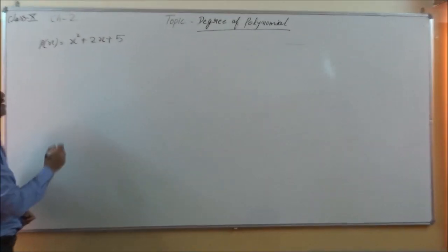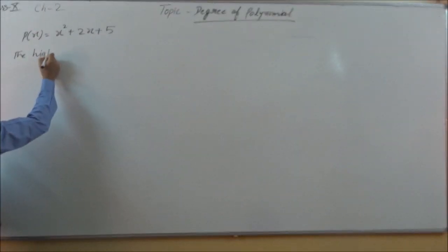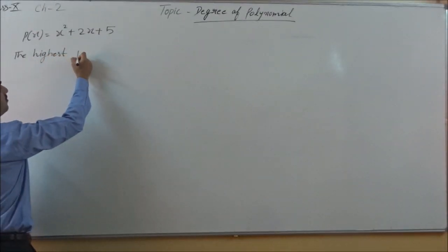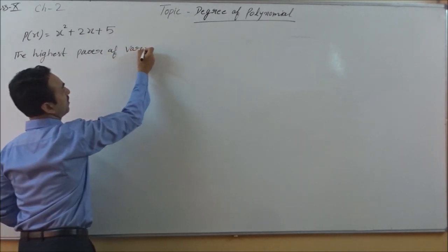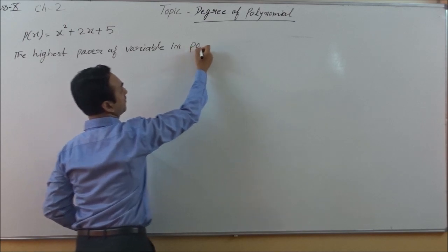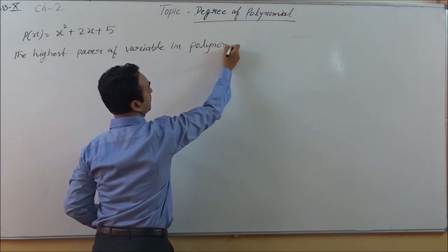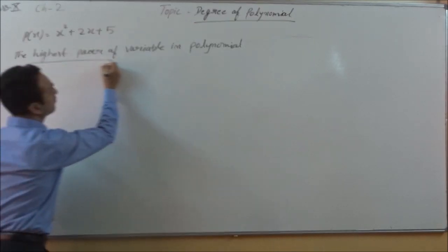So the meaning of degree of a polynomial is the highest power of the variable in the polynomial.